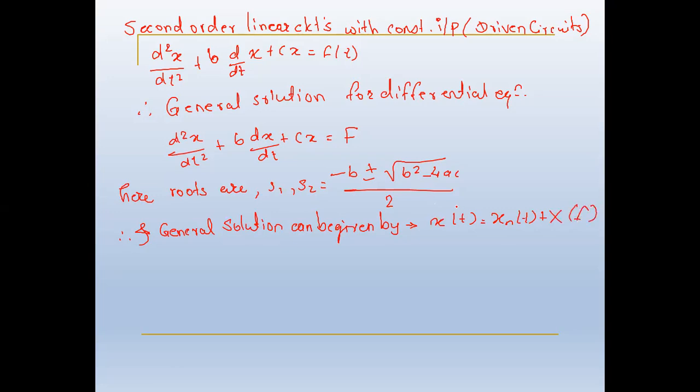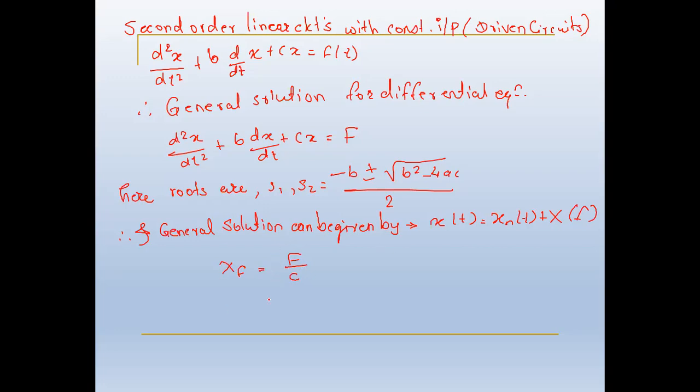Here xn of t is the general solution when f of t is equal to 0, and the value of x of f is independent of the roots, which is given by x of f is equal to f by c.